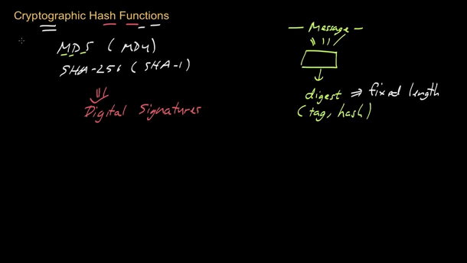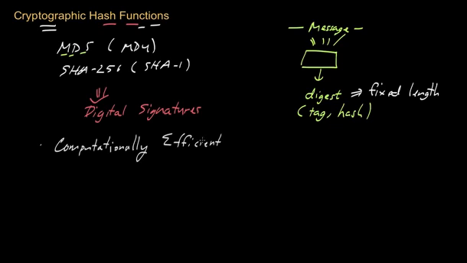First and foremost, and this almost goes without saying, one of the first properties you want of a cryptographic hash function is that it should be computationally efficient. By that I mean that it shouldn't take a lot of time to compute the output from a given input.